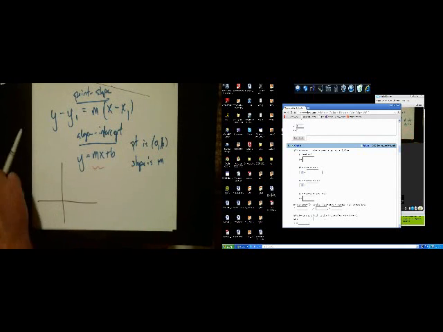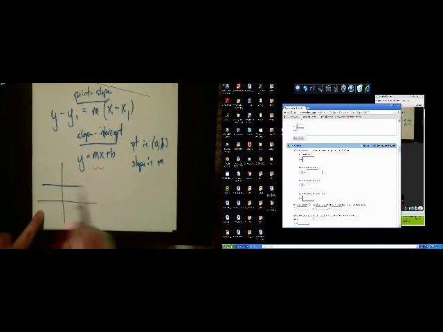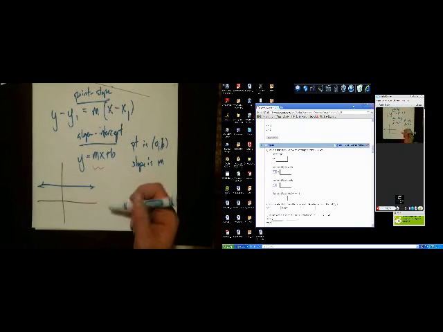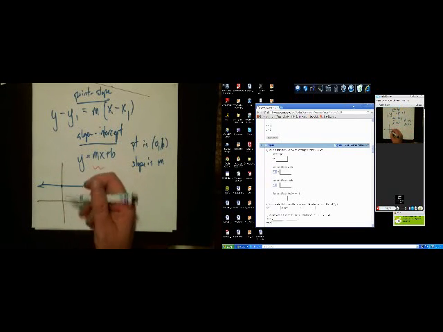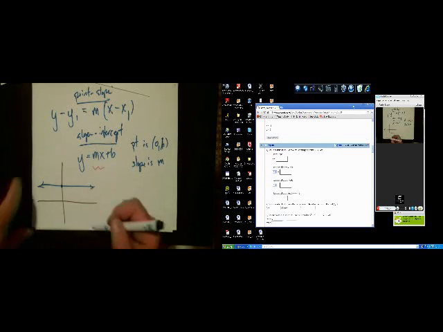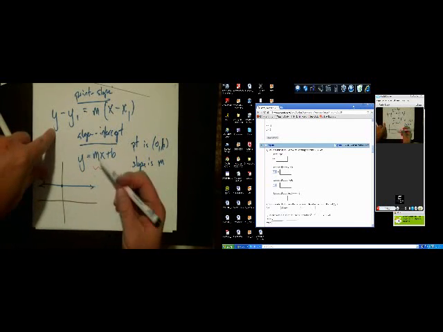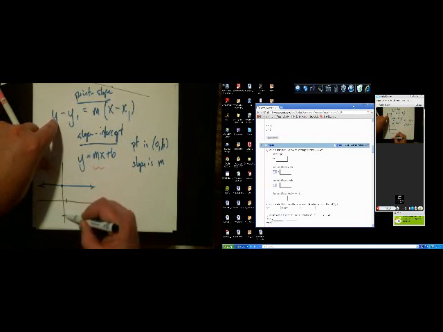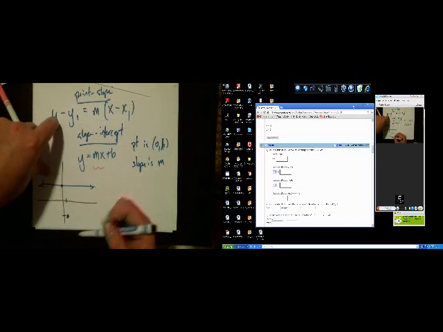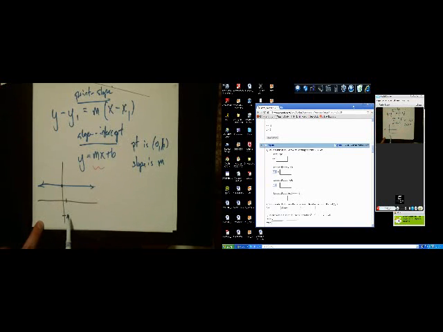because to be parallel to the x-axis means you look like this. You just go straight out. I've drawn the wrong picture because they say it passes through the point (2, -5). So I go through this point and I look like that.